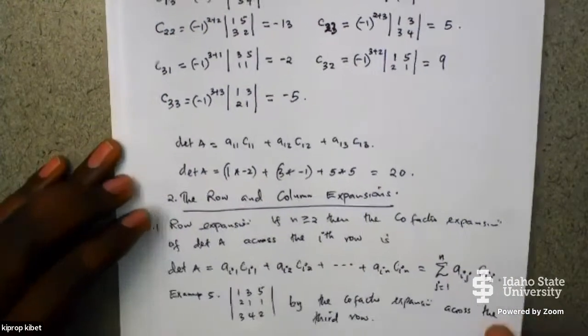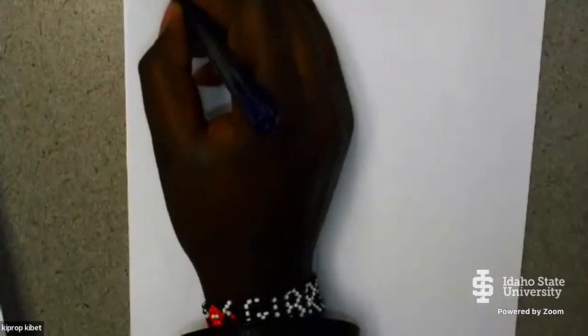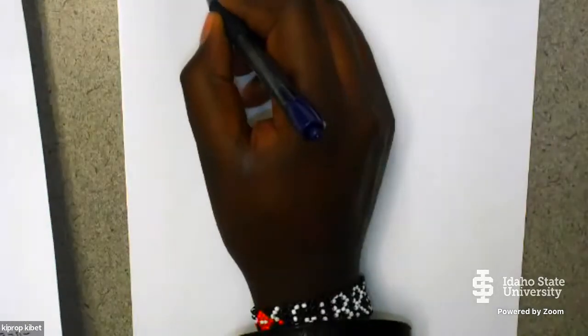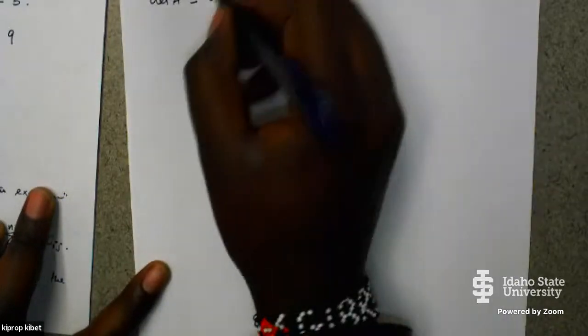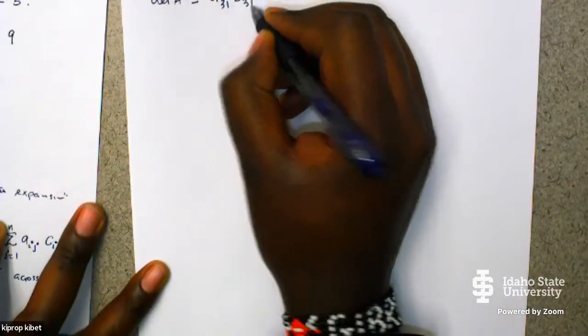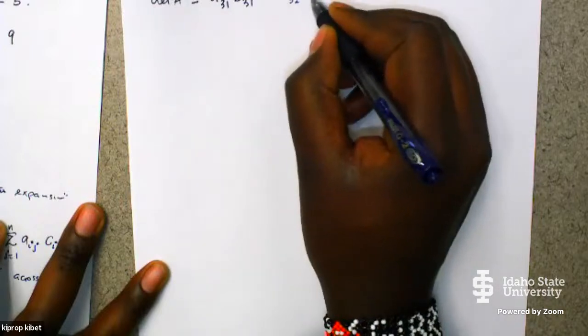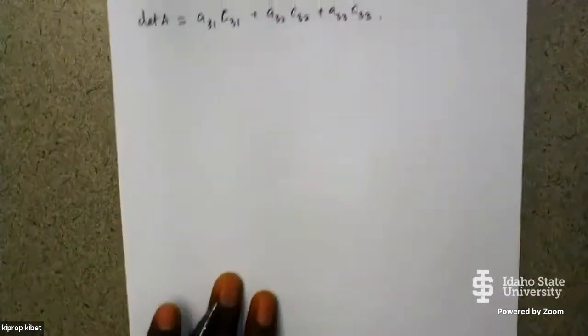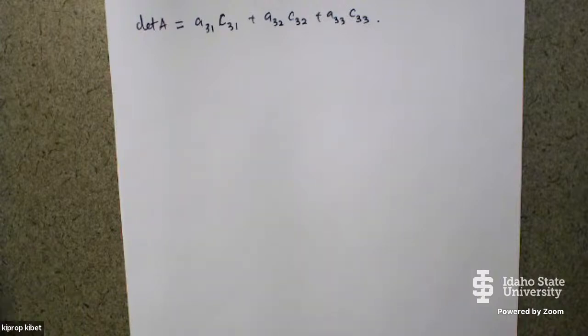The determinant of A will now be equal to, since we are using the third row, A31 C31 plus A32 C32 plus A33 C33.